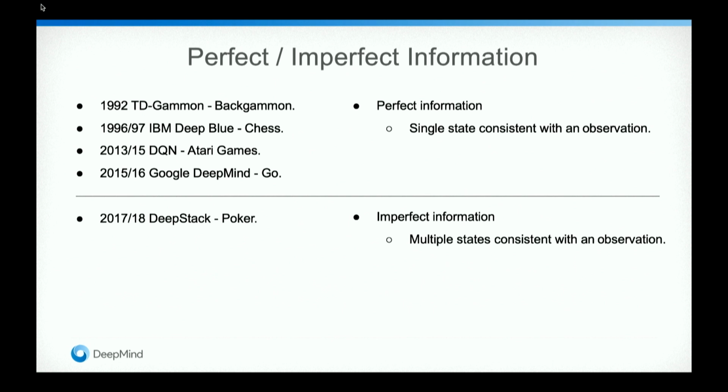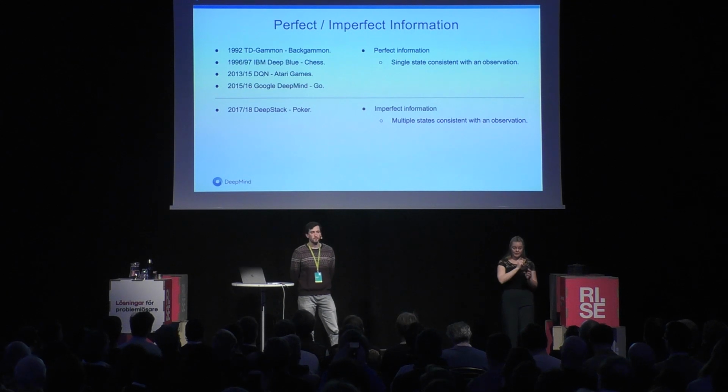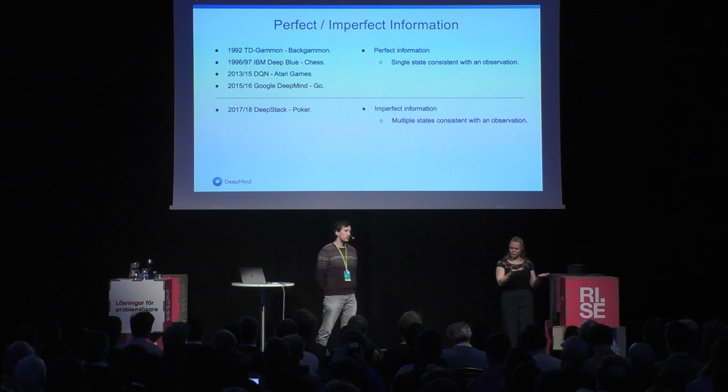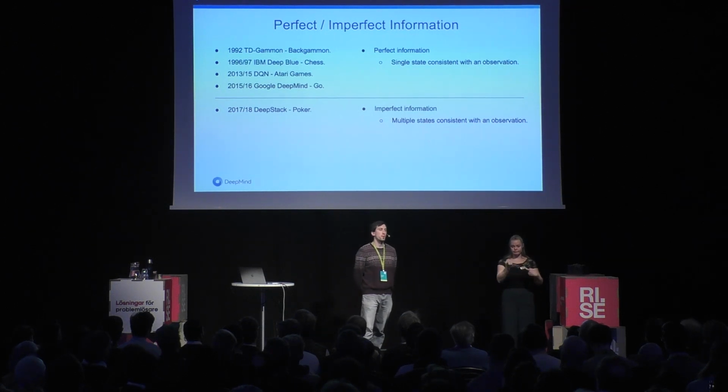All these games are games that we call games of perfect information. So what is a game of perfect information? One way to think about it is that given an observation to a player, there's only one state that is consistent with that observation. Now, this formulation may seem a bit cryptic, but all I'm saying is that if I see a position in chess or in Go, there is only one game state that corresponds to that observation.